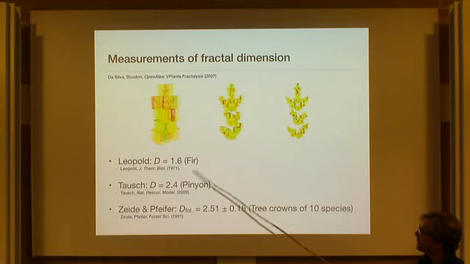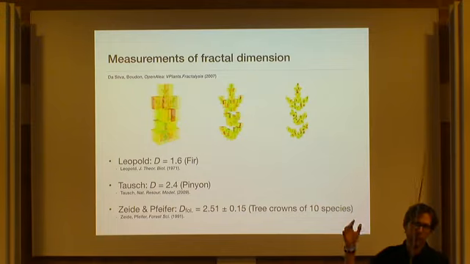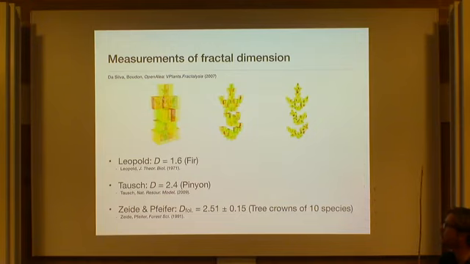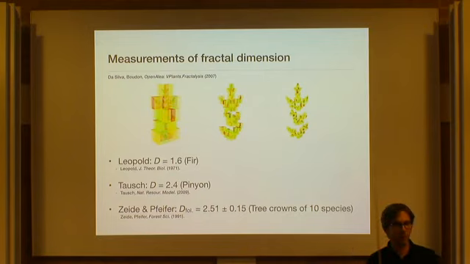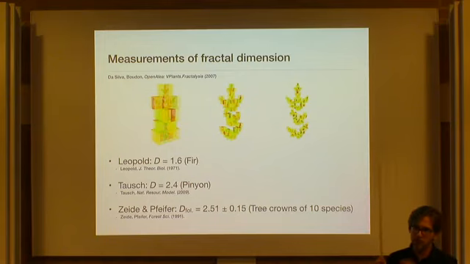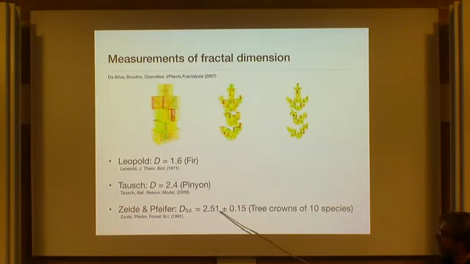The only 2 measurements that are on trees give a fractal dimension around 2, and then there have been some measurements on the leaves, on the foliage, on the tree crown, and you expect the fractal dimension of the foliage and the structure that supports the foliage to be the same, except for very peculiar structures. So we expect that we get something similar.